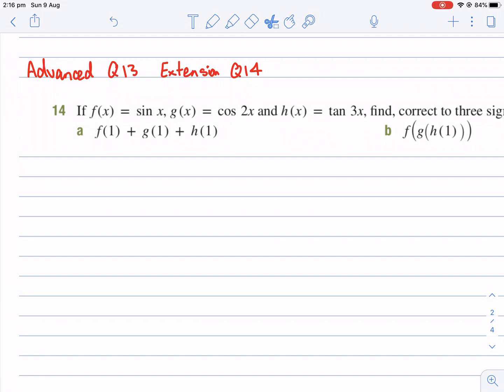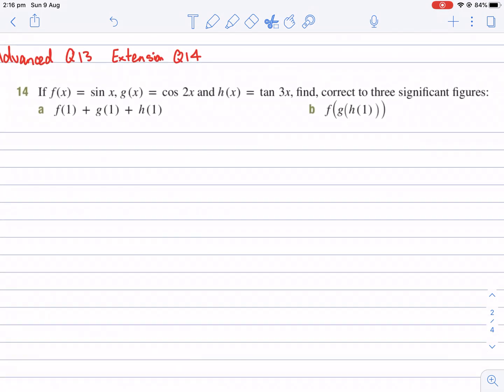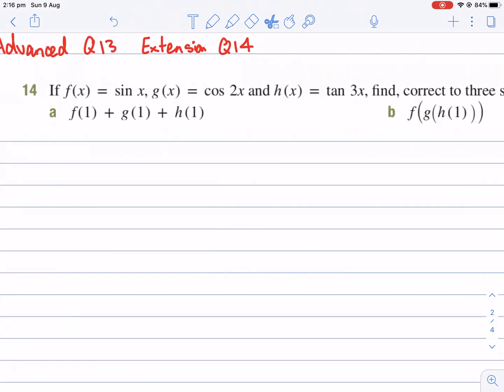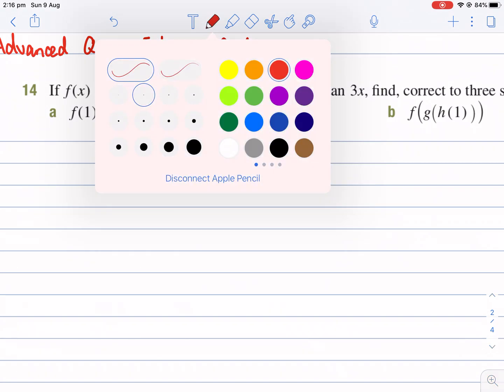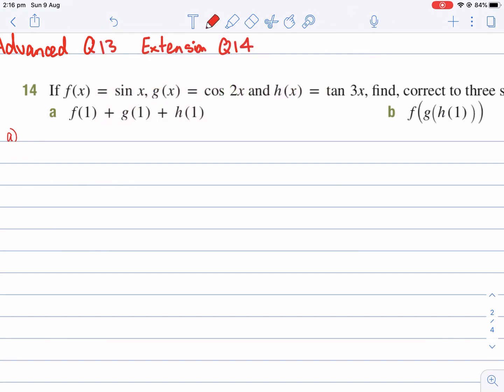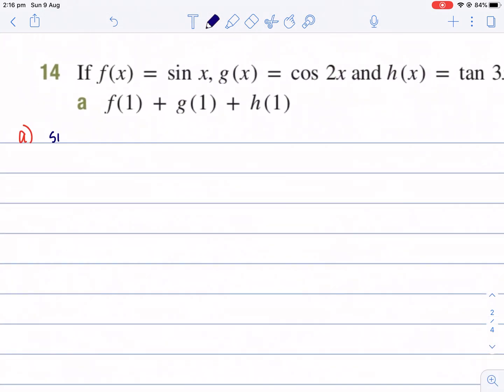So if f of x equals sine x, g of x is cos 2x, and h of x is tan 3x, find, correct to 3 significant figures, these values. So for A, when they say f of 1, then that is sine of 1. When they say g of 1, that's cos 2 times 1.